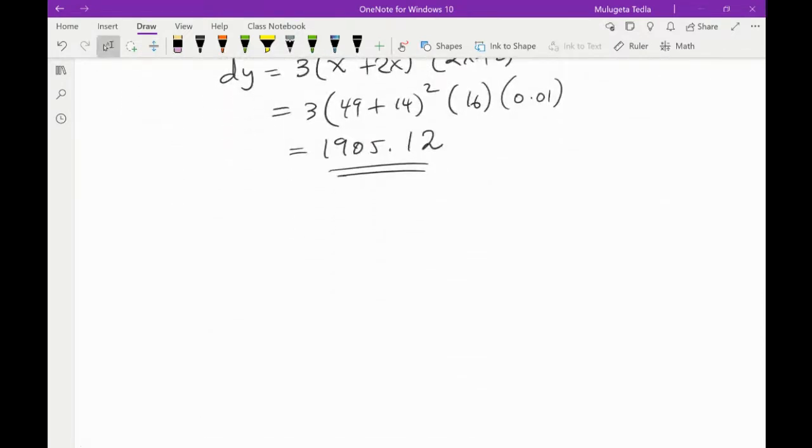The other section I want, within the same section, they talk about linearization, approximations.